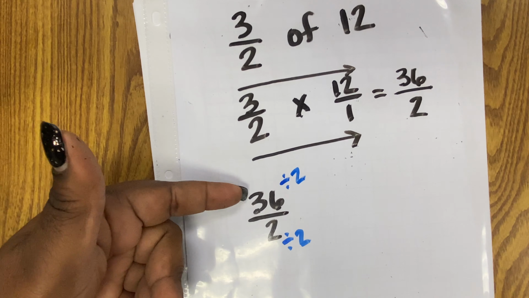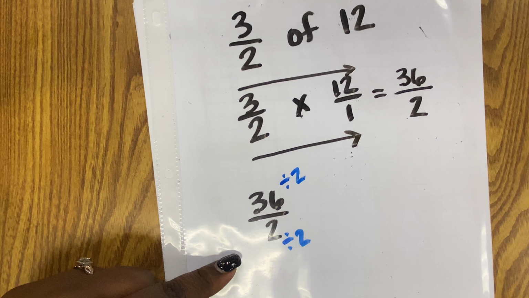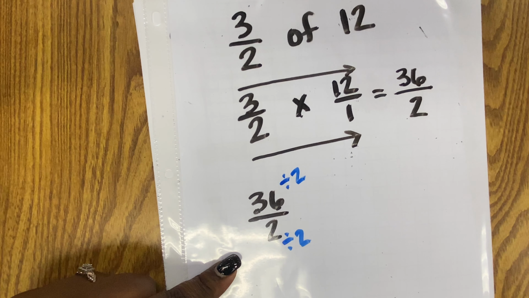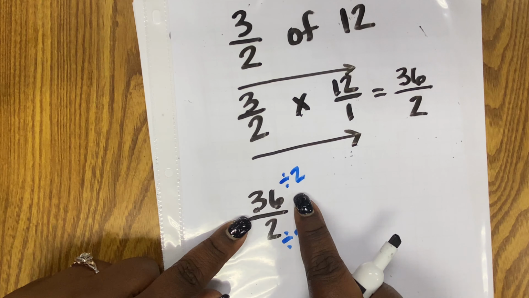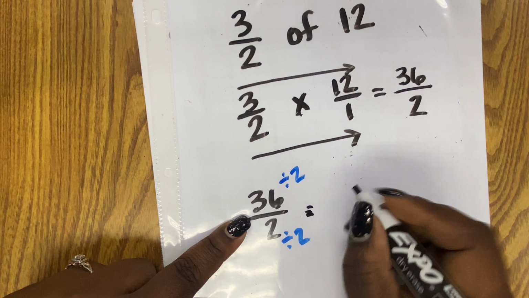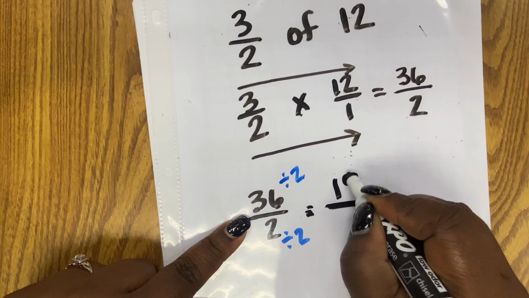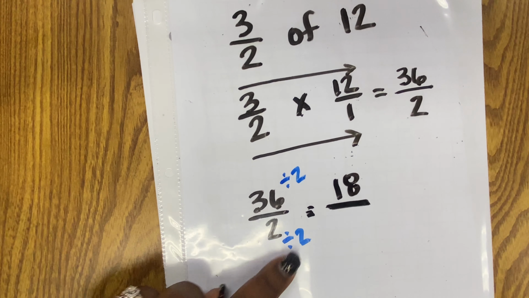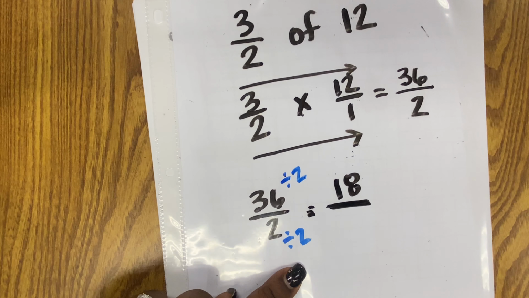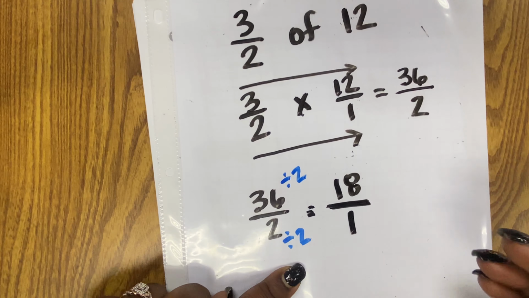Whatever you do for the numerator, you must do the same for the denominator to keep it fair, to keep it equal. So 36 split into 2 equal groups will give me 18 in those groups. And 2 divided by 2 is 1.